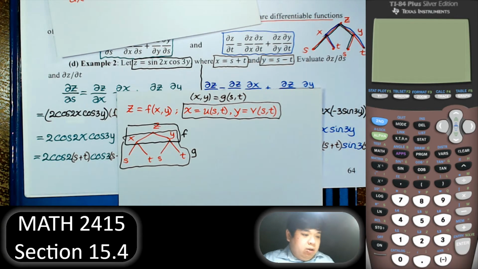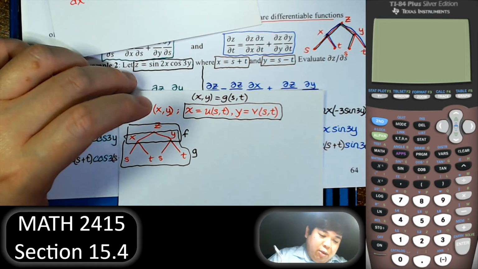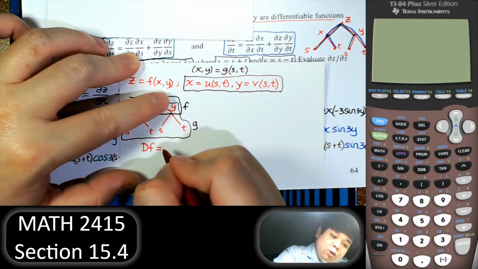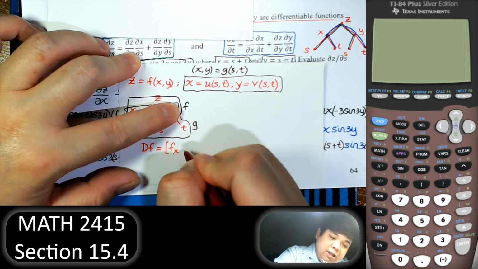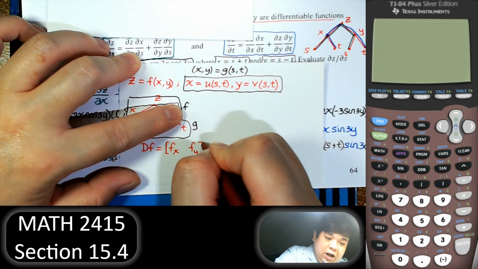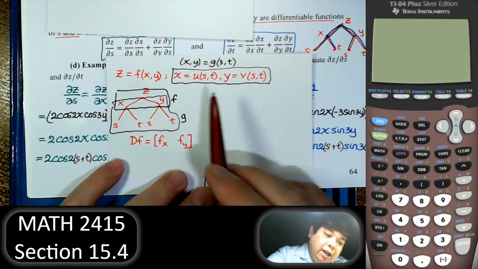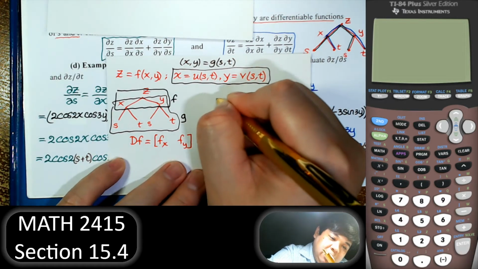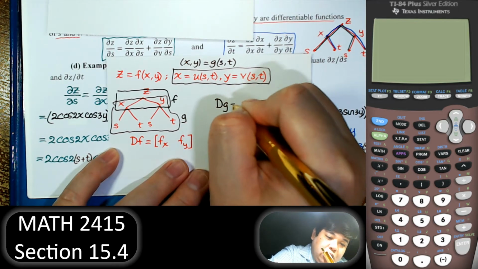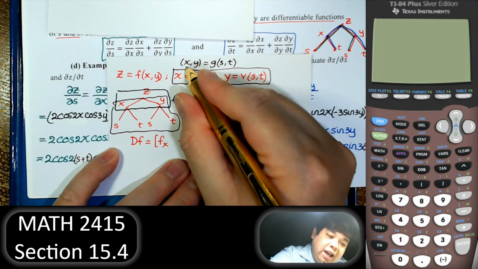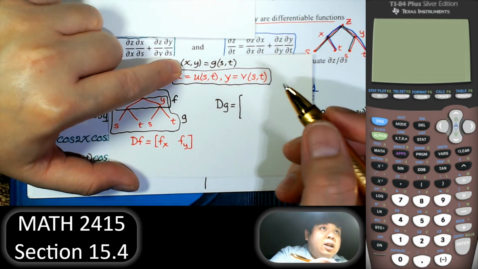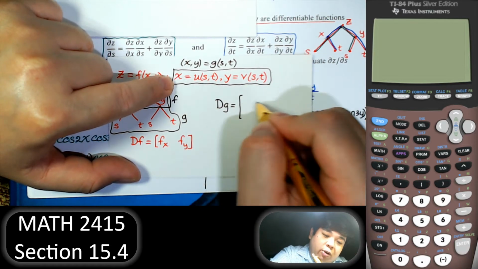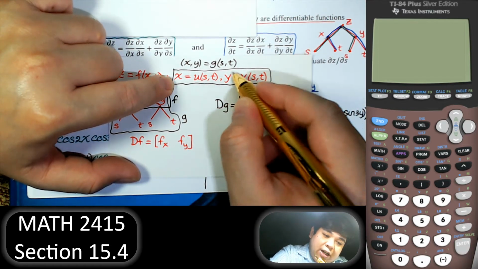Right. Now, the Jacobian matrix, remember, the df is going to be equal to the matrix of f sub x, f sub y, a row matrix. And this is a function of g. We can write dg. G has two component functions, x and y. So first, the first row is for x, second row for y.